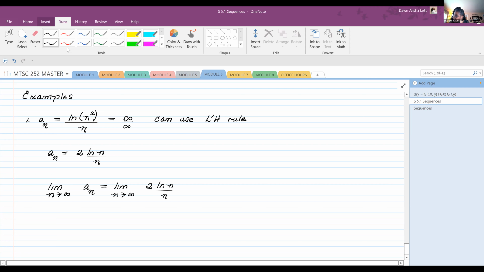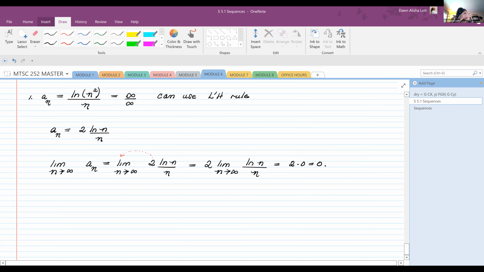It says I can pull this 2 out of the limit. So this is 2 times the limit as n approaches infinity of the natural log of n over n, and that's 2 times 0. So that's 0. So the sequence a_n will converge.